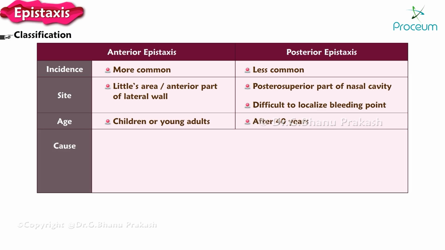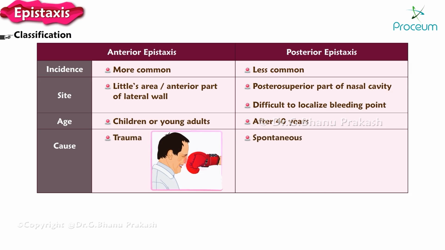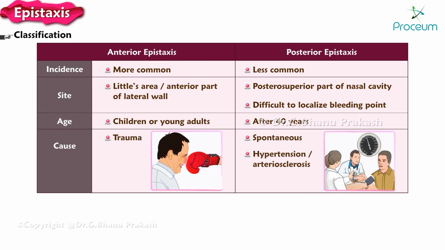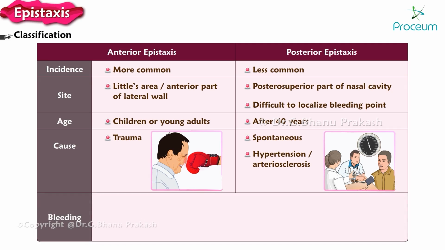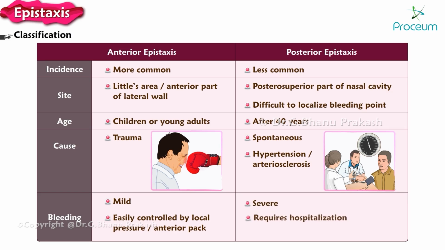The cause of anterior epistaxis is mostly trauma, whereas the cause of posterior epistaxis is spontaneous, often due to hypertension or arteriosclerosis. Bleeding in anterior epistaxis is usually mild and can be easily controlled by local pressure or an anterior pack, whereas in posterior epistaxis, bleeding is severe and requires hospitalization, and a posterior pack is often required.